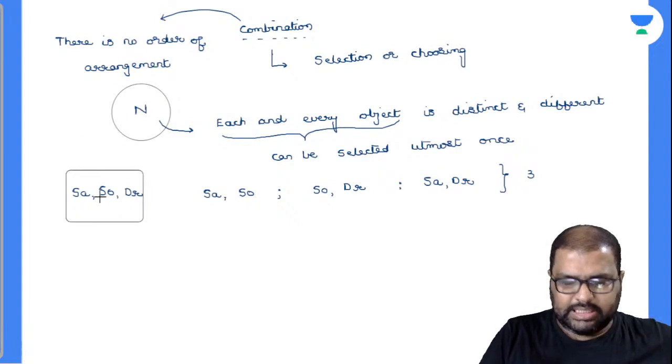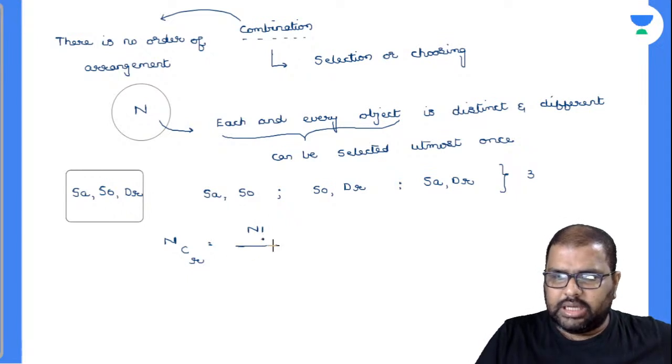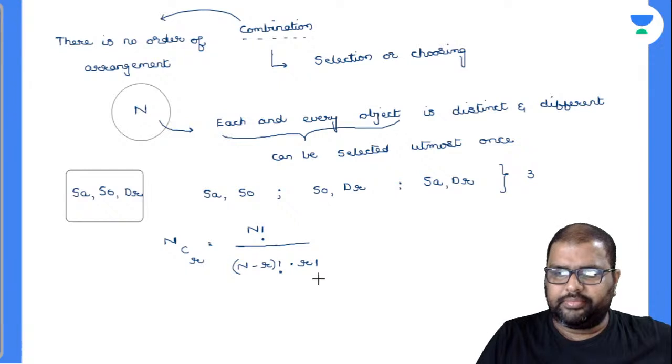Now how many objects are there here? 3. So what is your general formula? Out of n objects, I have selected r objects, and my formula is n factorial by n minus r factorial into r factorial. I hope everybody knows this formula since your primary classes.